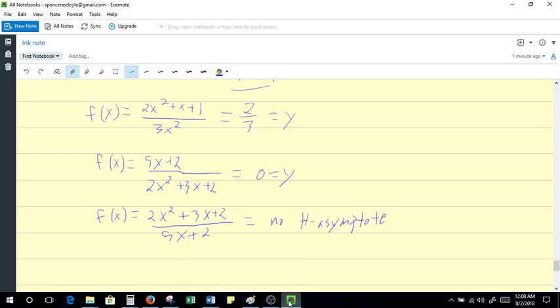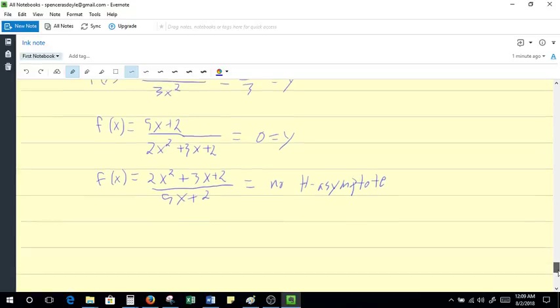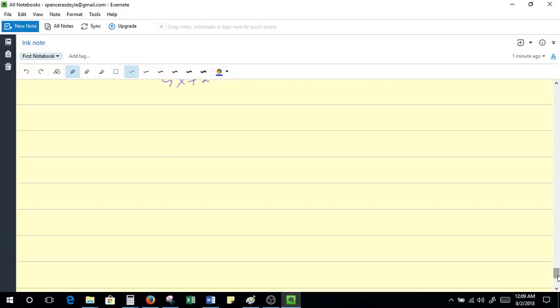So let's see if we can create that scenario. If we have f of x equals x squared minus x minus 2 over x minus 2. We can factor the top, and that would be x minus 2, x plus 1, all over x minus 2.